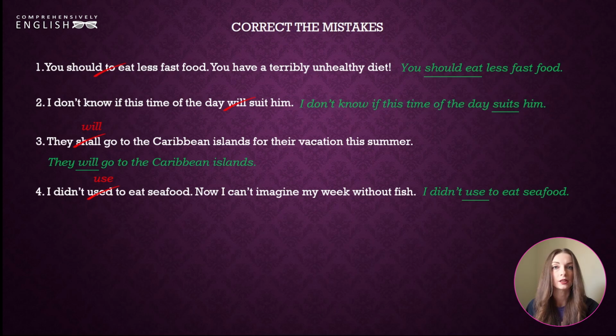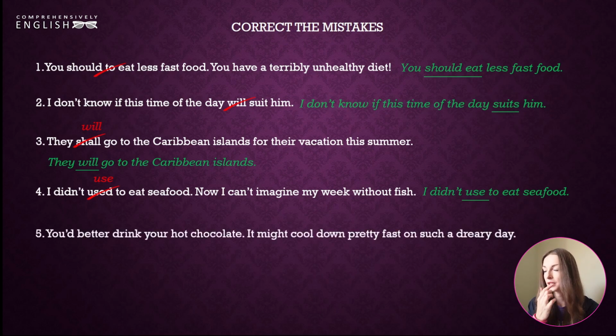That means that in the past I didn't have such a habit. Yeah, in the past that wasn't a habitual situation for me. Again, you can check the details on how, where, when we use the structure used to in that separate video I have already recorded.